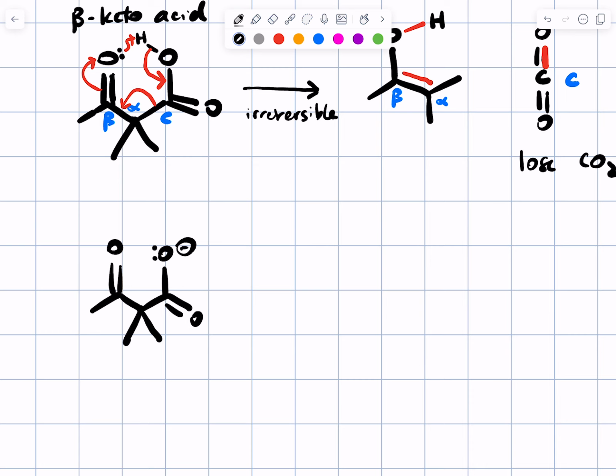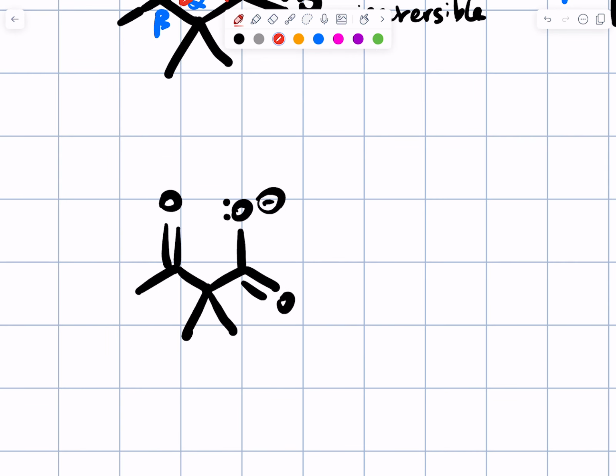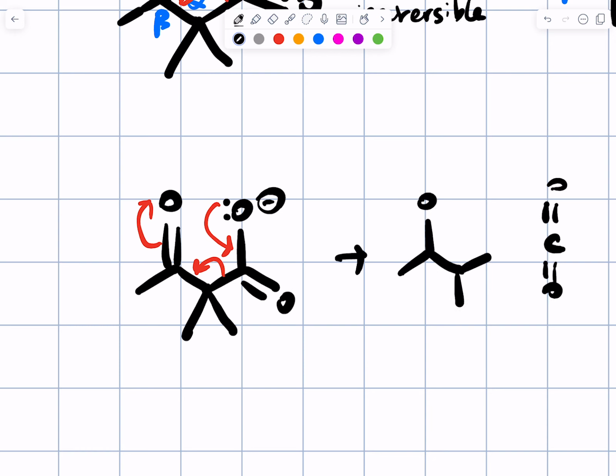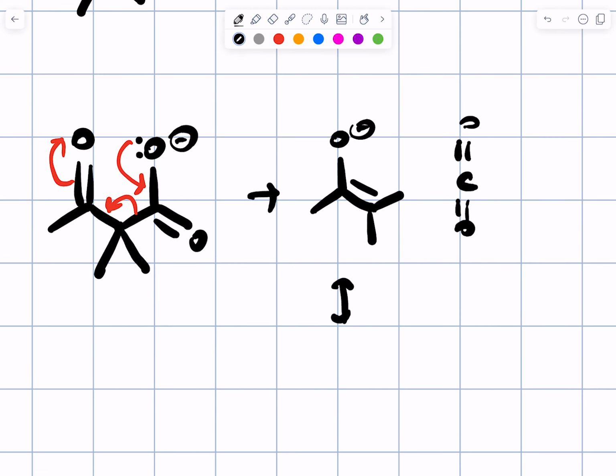You can actually do decarboxylation of beta keto acids under basic conditions as well. You remove the proton, electrons kick down. The only difference is when you do that, you do make CO2, and then the thing that's left is, unsurprisingly, an enolate that's resonance stabilized.